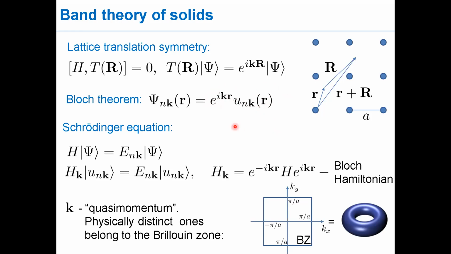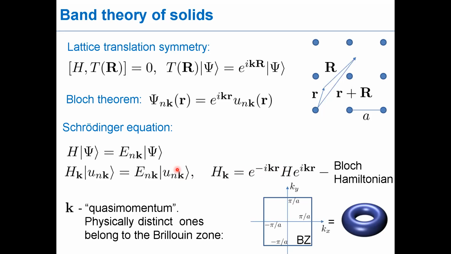So of course, when we solve the Schrödinger equation on a lattice, we either do it with the full Hamiltonian or with the so-called Bloch Hamiltonian, this kind of gauged out Hamiltonian for only the periodic part of the wave function.